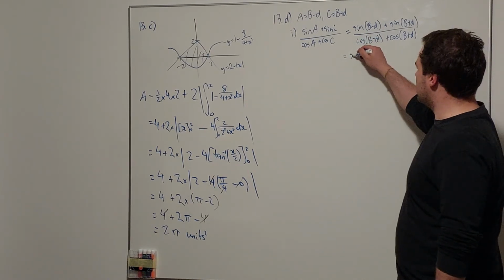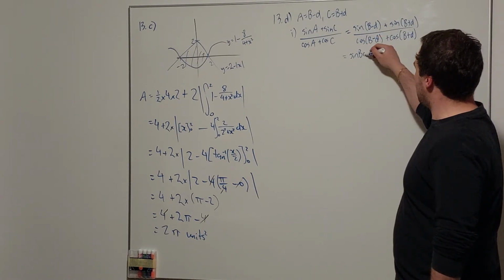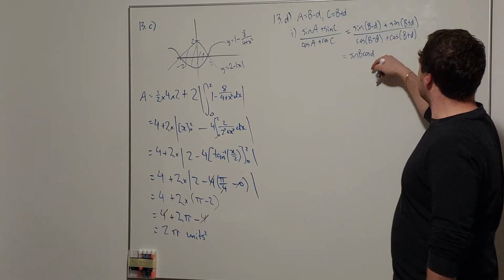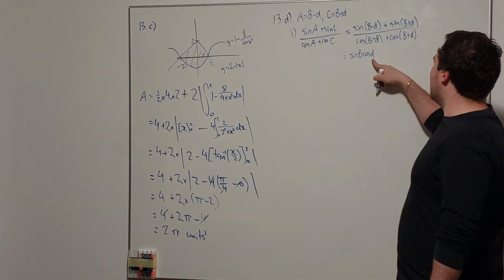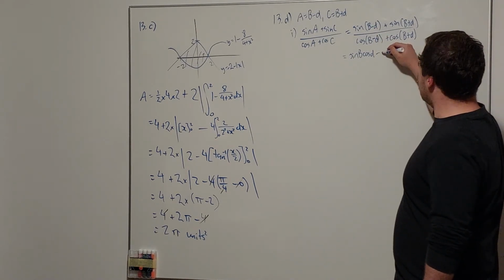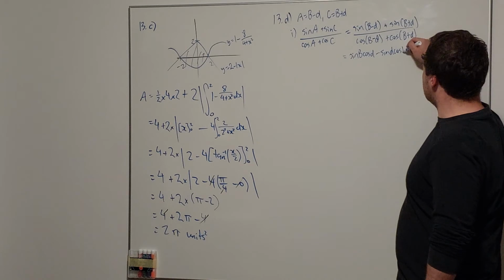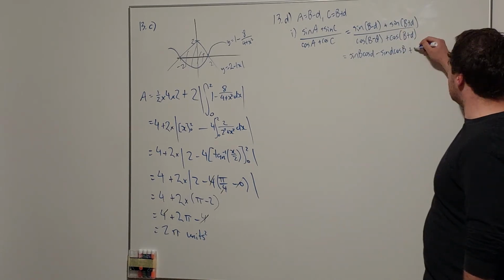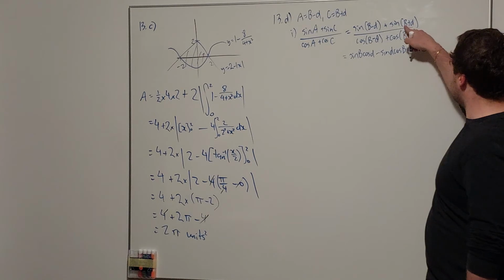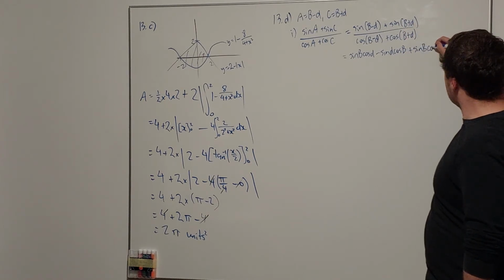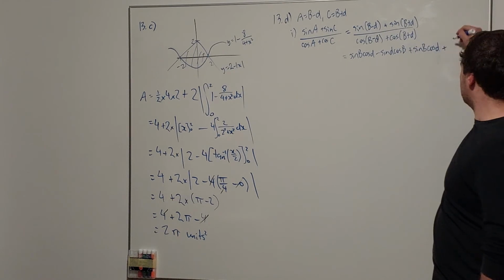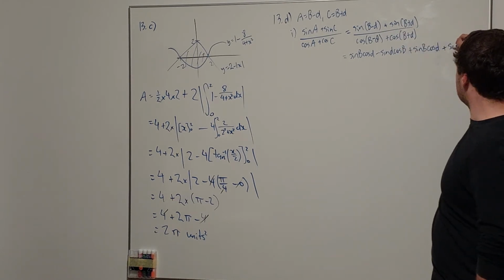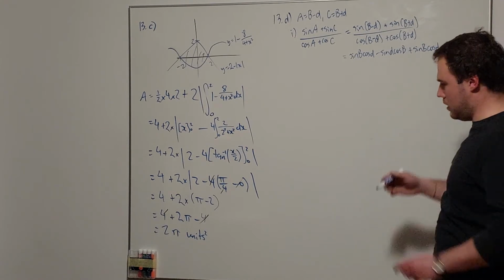So that's going to be sine B cos D, same symbol in the middle, sine D cos B, plus sine B cos D, same symbol in the middle for sine, plus sine D cos B.